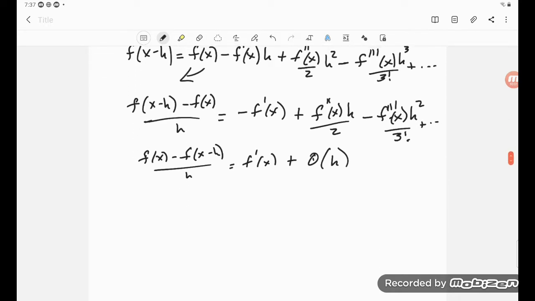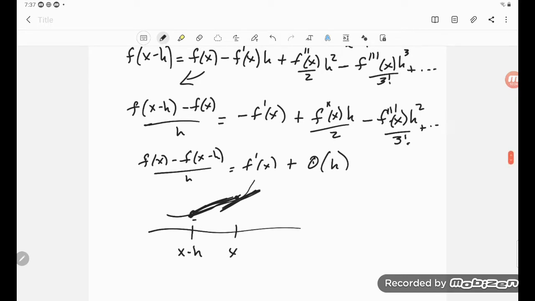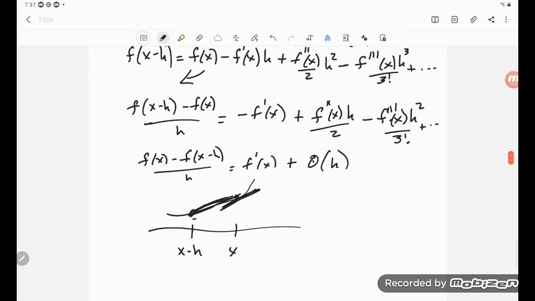So that, here I'm looking at my 2 points, but I'm looking at x and x minus h. I'm still trying to approximate the derivative here, but now I'm using this slope. And again, it's going to be close, but it's going to be off by a little bit. But as I make h smaller, I can make this approximation much better.